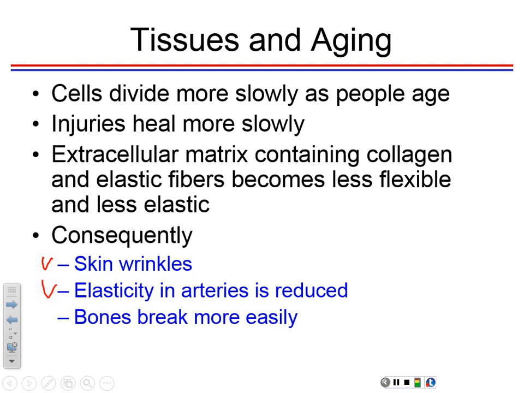And bones break more easily because the osteoclasts become more active than the osteocytes and the osteoblasts that make new bone matrix. So you'll break your bones more, especially in ladies, because they lose the steroids like estrogen that normally inhibit a hormone that causes the bone to break.